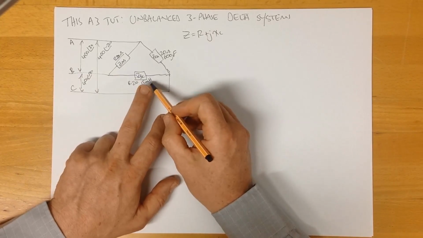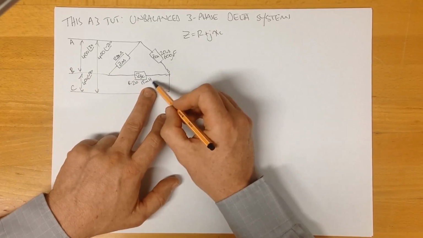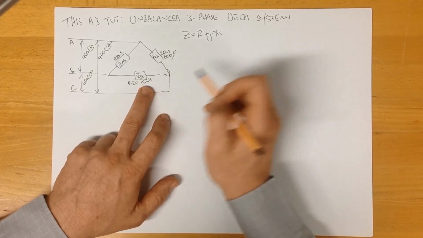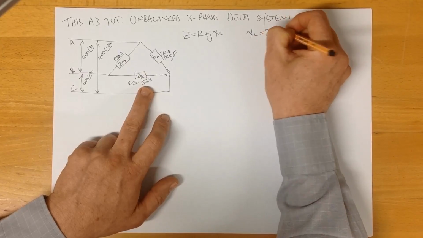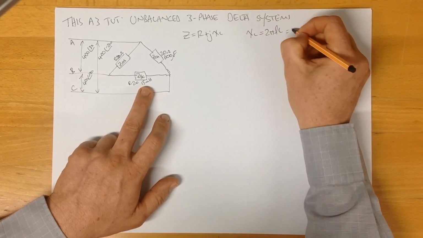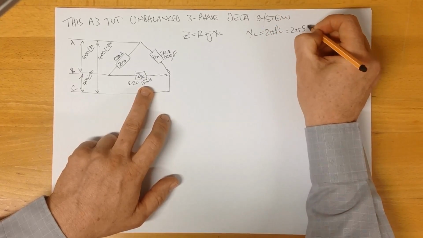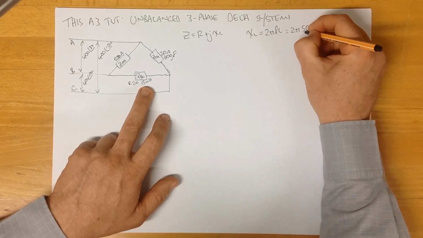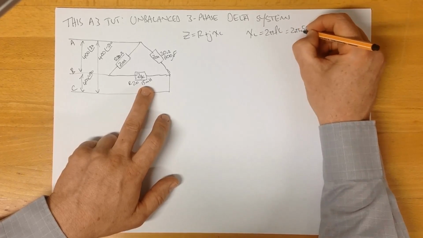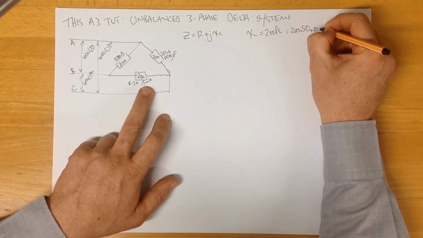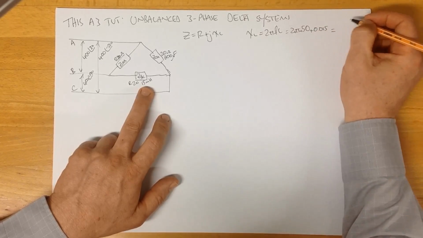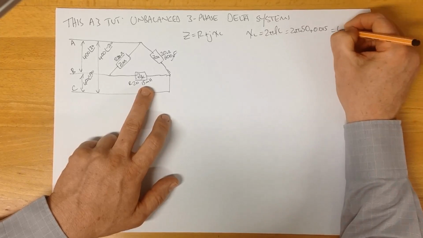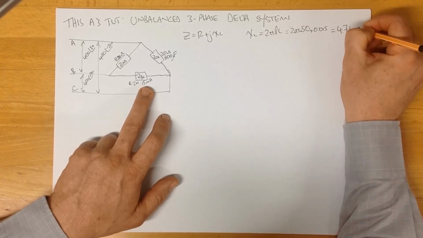So the first thing we need to do is find out what the reactive components of these are. XL equals 2 pi FL, which is 2 pi, it's a 50 hertz system, and our value of inductance is 15 millihenries, 0.015, and that gives us an inductive reactance of 4.71 ohms.